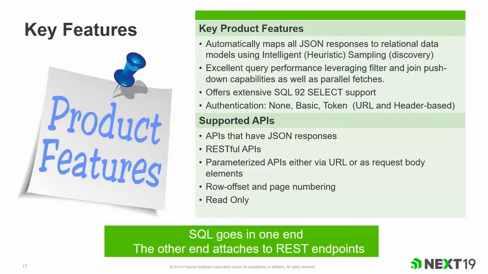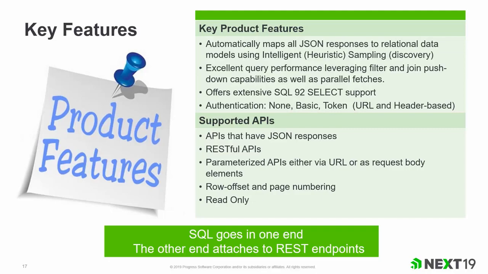So ARC has a number of key features. First of all, it automatically maps the JSON responses that you get from the REST endpoints to what we call an internal memory database representation. JSON is fairly complex and can be extremely nested.